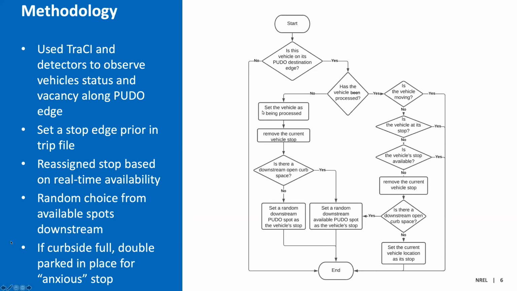If not, we first set it as processed, and then we remove the current vehicle stop. If we find a downstream open curb space, we set a random downstream available spot as the vehicle stop. If there is no open space, we just randomly set a spot as the vehicle stop.